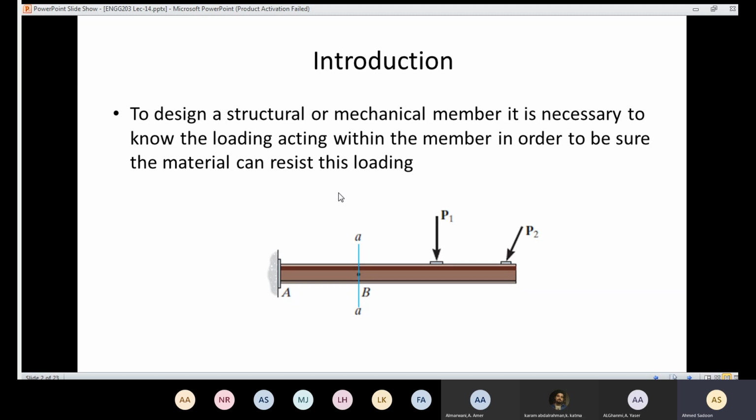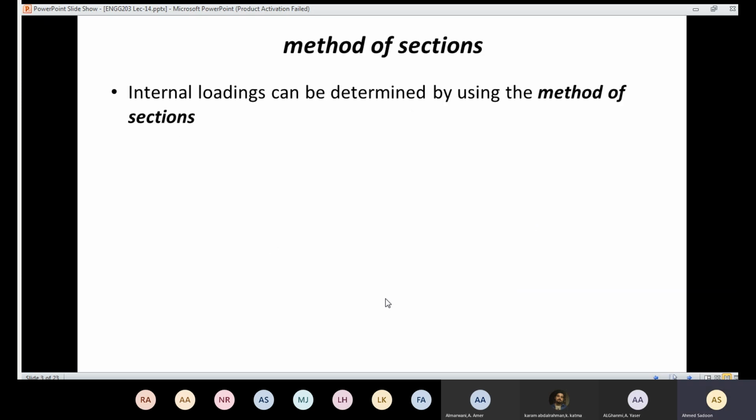And that is why we are going to use a method which is called the method of sections, because we are going to pass a section through the point of interest. So how are we going to do that? We are going to use the method of sections, because we are going to take a section at the point of interest.